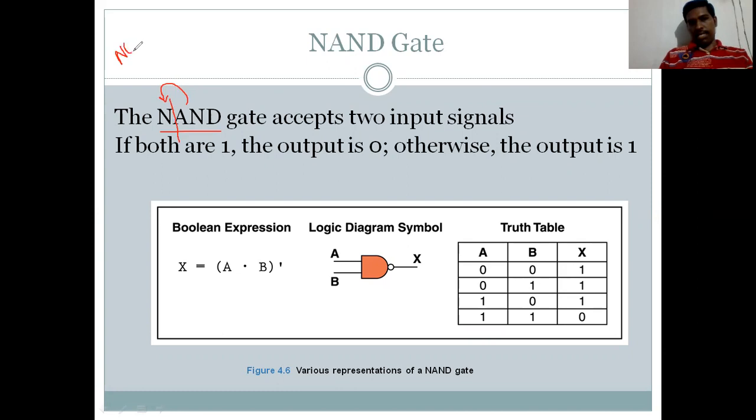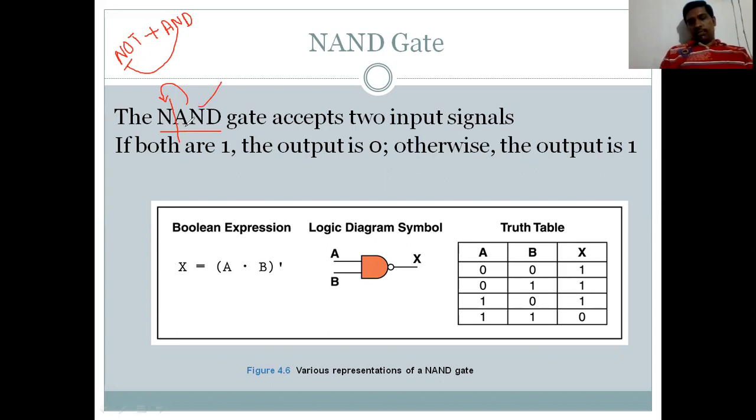See, NAND is nothing but NOT that is being added with AND. So this N and this AND totally we find as the NAND gate.